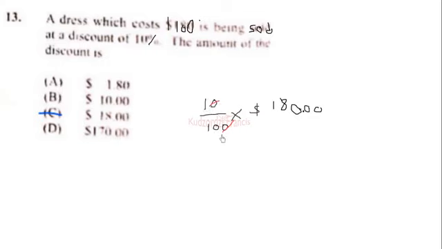So we are left with 1 out of 10. 10 will go into 180 how many times? 18 times. So 1 times 18 will be $18. So the correct answer will be $18, which is option C.